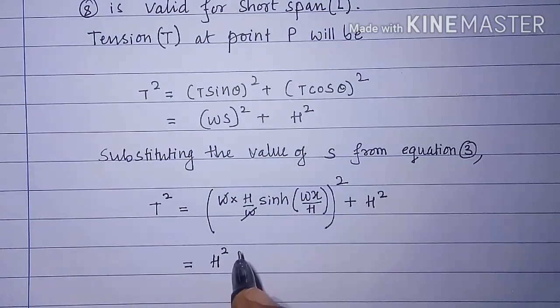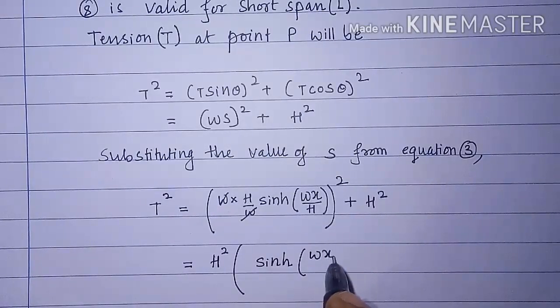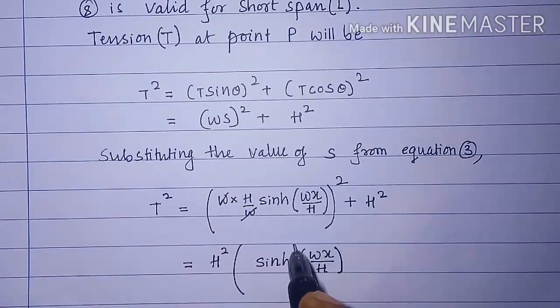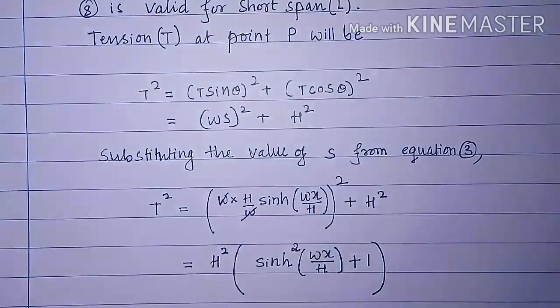So h square into the bracket (sin h of wx by h) squared plus 1, bracket complete.